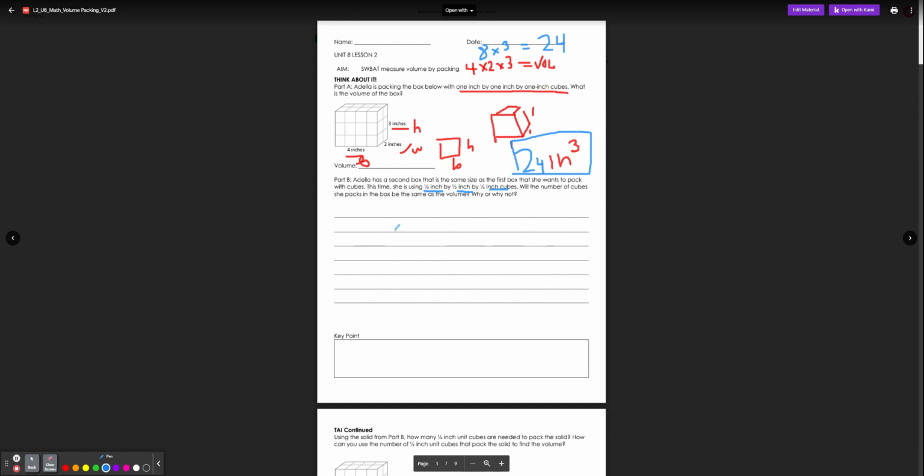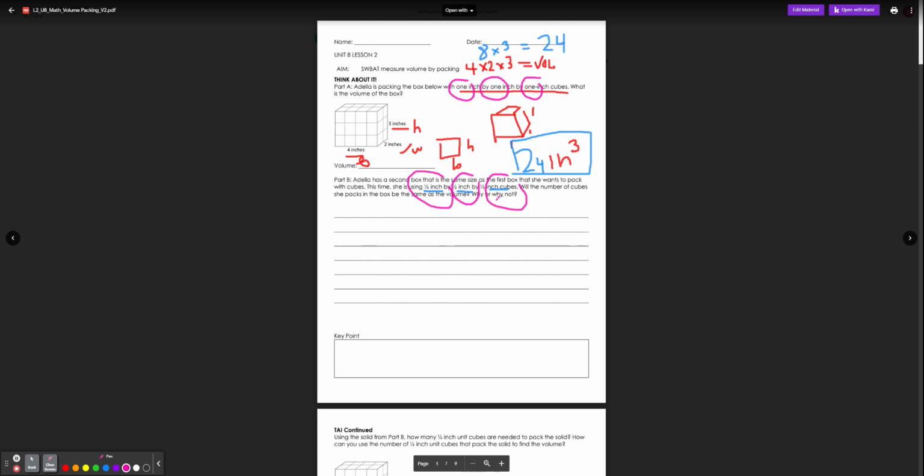Well, to answer this question, the units are not the same. We first saw in the first question that the units were 1 inch by 1 inch by 1 inch. And now it's changed to 1/2 inch by 1/2 inch by 1/2 inch. And so the number of units is not going to be the same.